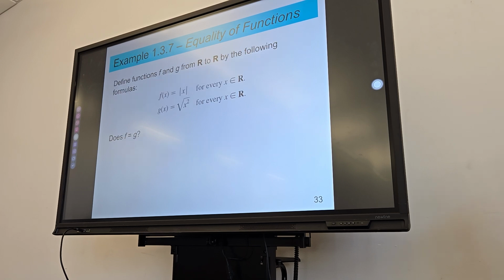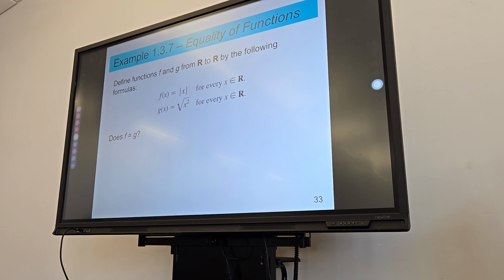So, if the function f of x is the absolute value of x for all x that are real numbers, and g of x is the square root, more properly the positive square root, of x squared, for every x being a real number, does f equal g?